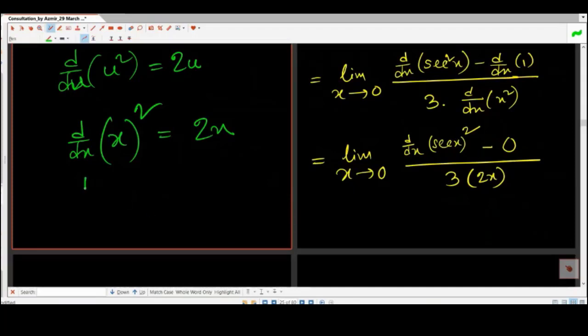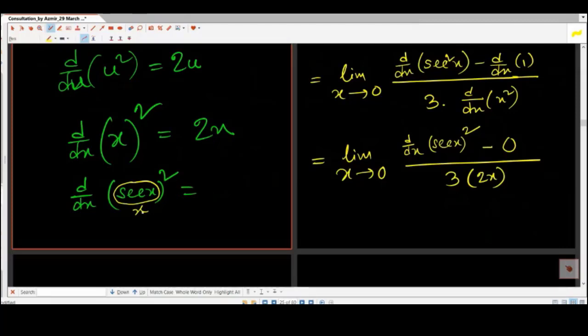So what will be the result? We can apply the chain rule. Let's say instead of secant x, we have only x.